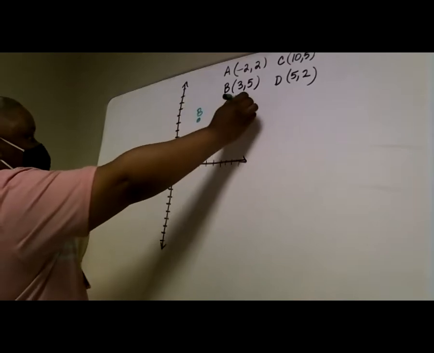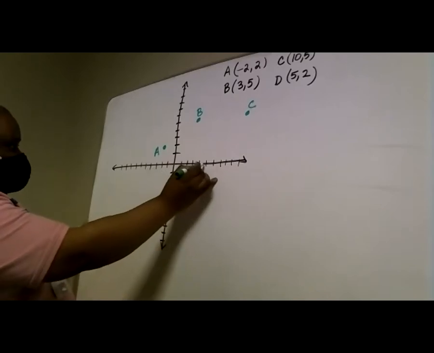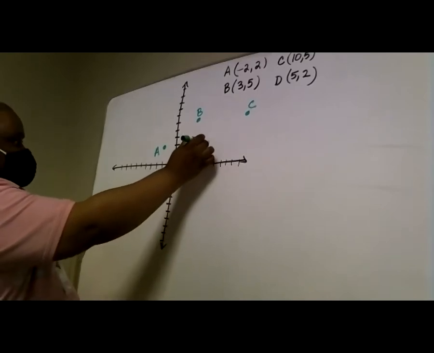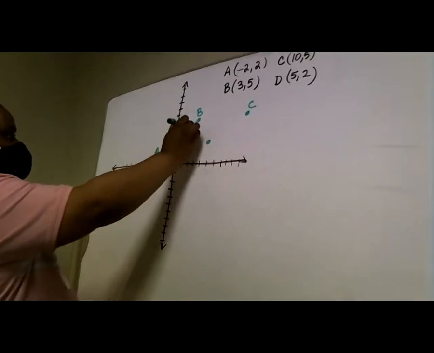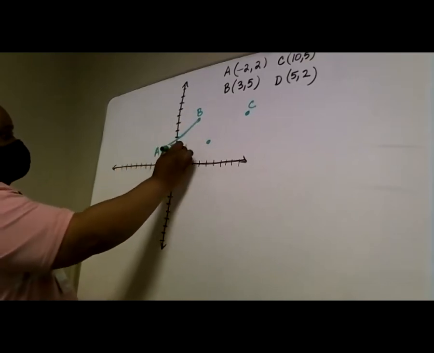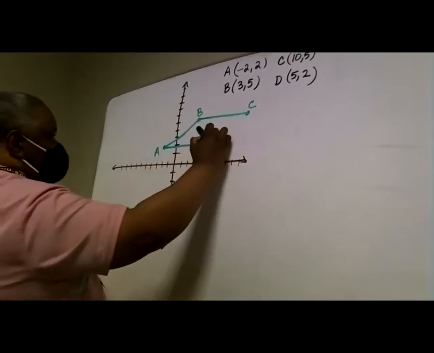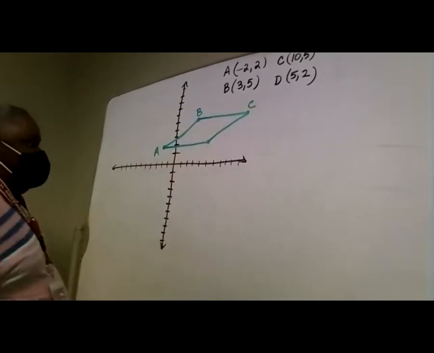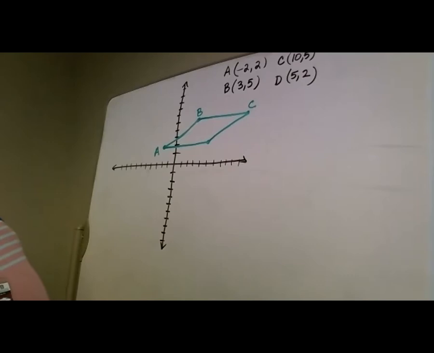This is B, that's C. And then 5, 2 will be to the right 5 and up 2. So if I connect these points, we do have a quadrilateral. In fact, we have a parallelogram that looks like this.